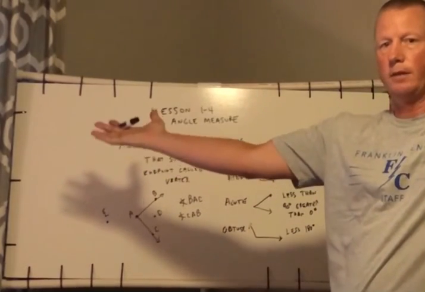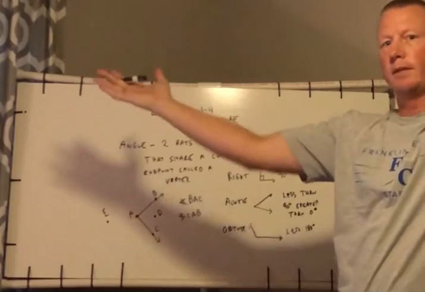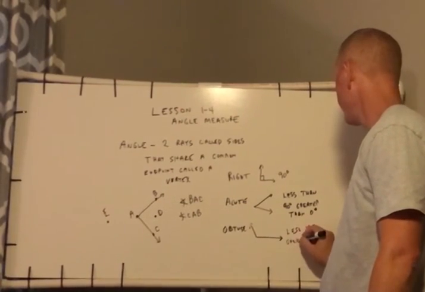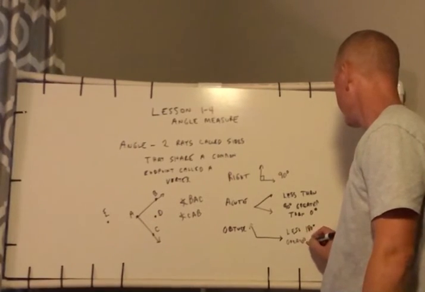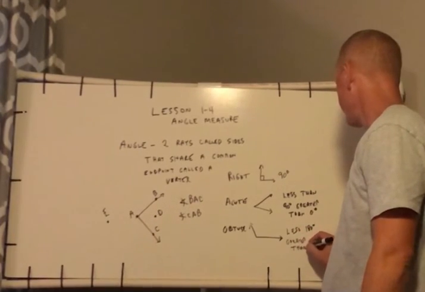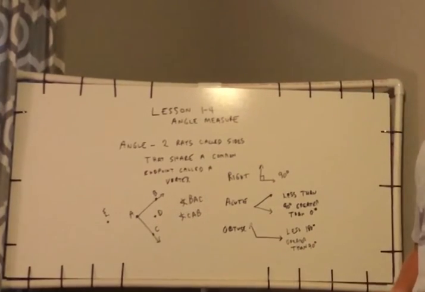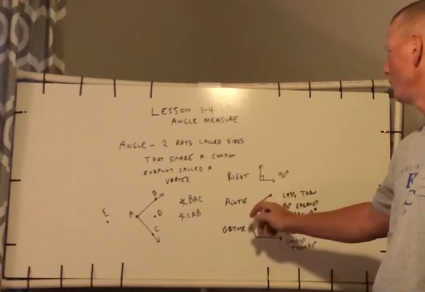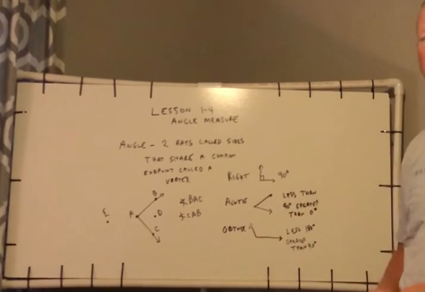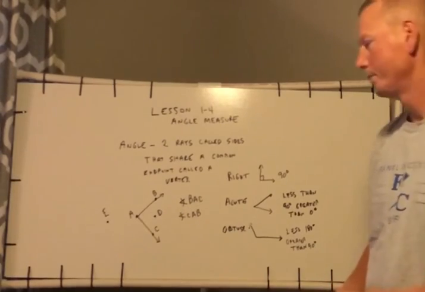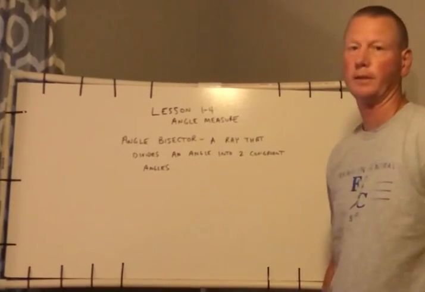So here's 180. Inside that until we get to 90. So less than 180, greater than 90. Okay, so that's our main classifications of an angle. Right is 90, acute less than 90, obtuse bigger than 90 and less than 180.